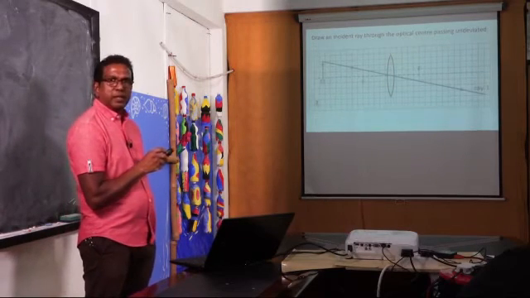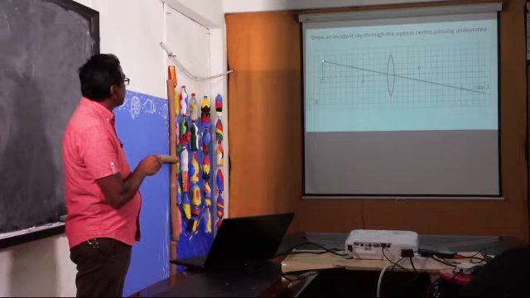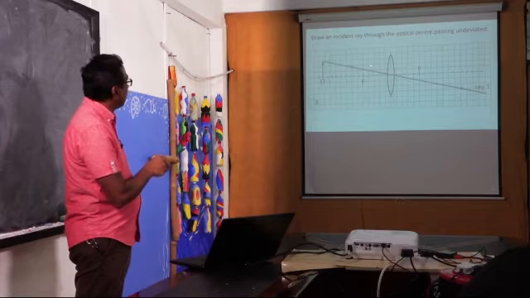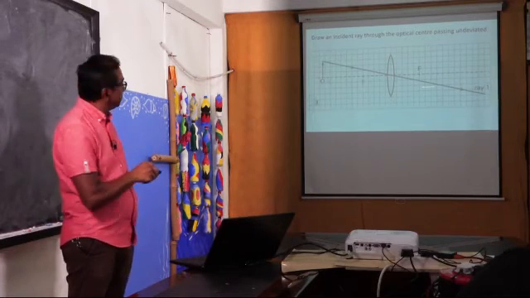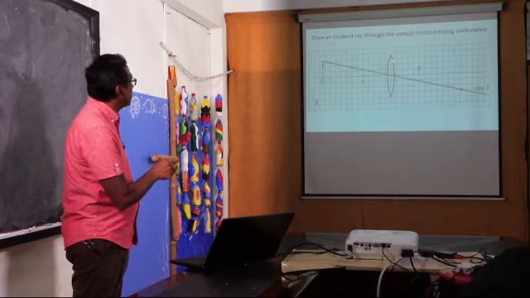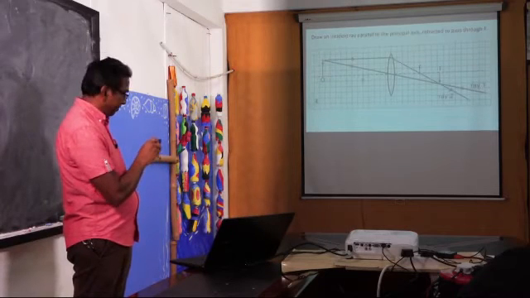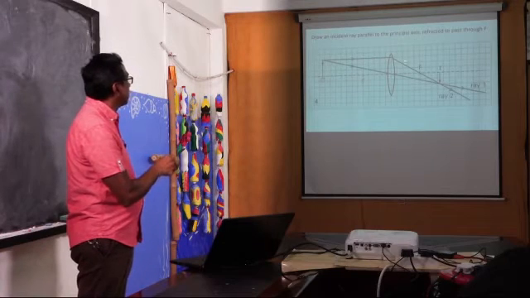Then you draw a line from the extremity of the arrow, a line going to the optical center which goes straight through. Another line parallel, this one will have to go through F. That was your first line, that is your second line.